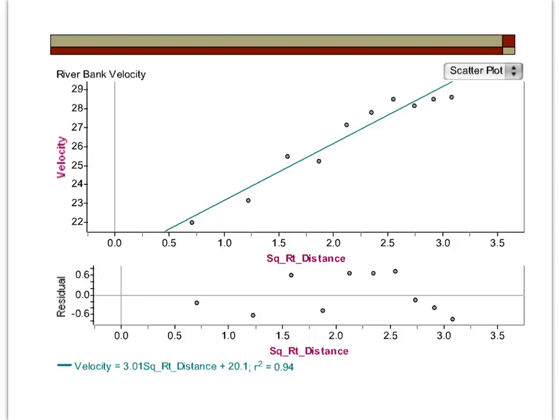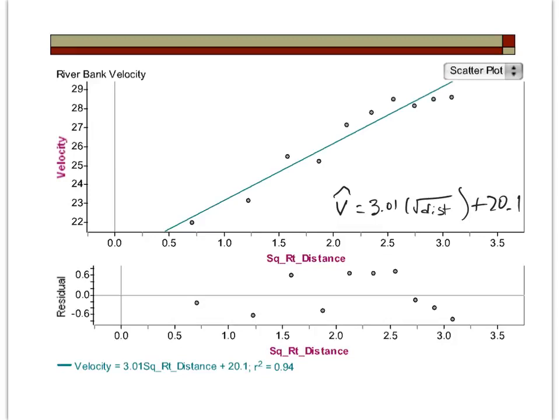So velocity hat, if you wanted to call it velocity hat, equals 3.01 times the square root of distance plus 20.1.